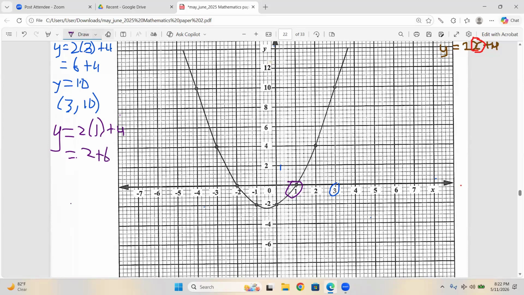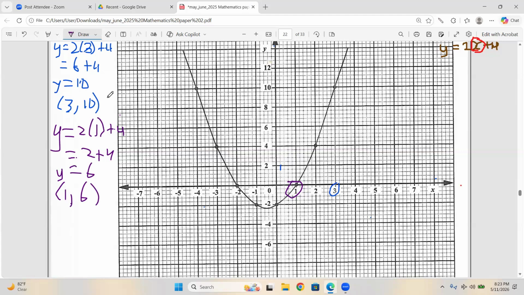Why did I write it there? Wrote the wrong thing there. Sorry. So 2 add 4 is 6. So it means y is equal to 6 when x is 1. So x is 1, y is 6. That's how you could find the coordinates of a point. We have point 1 here, I'll call them P1 and P2.